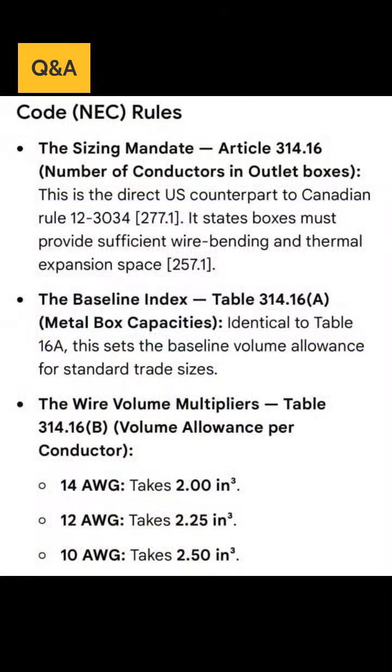The NEC rule states the sizing mandate, Article 314.16, number of conductors in outlet boxes. This is the direct US counterpart to Canadian Rule 12-304. It states boxes must provide sufficient wire bending and thermal expansion space.